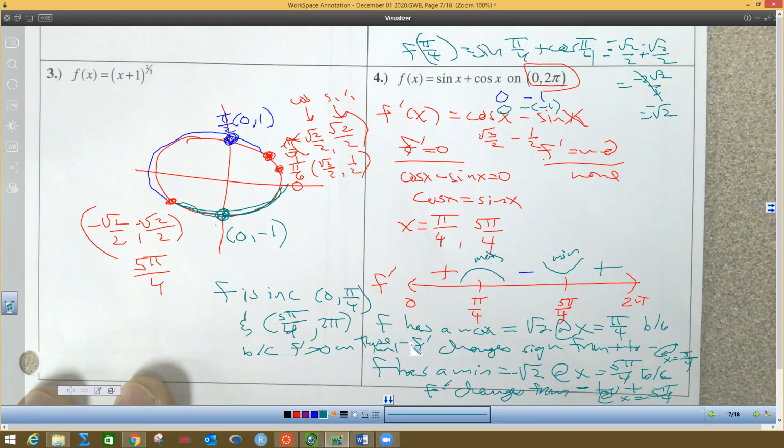Thank you for getting me on that. And then we would say f is decreasing on pi fourths to 5 pi fourths because f prime is less than 0 on that interval. Okay, so that is actually what we should have done. So I did 5-3 and 5-4 on a problem that I was only supposed to do 5-3 on.